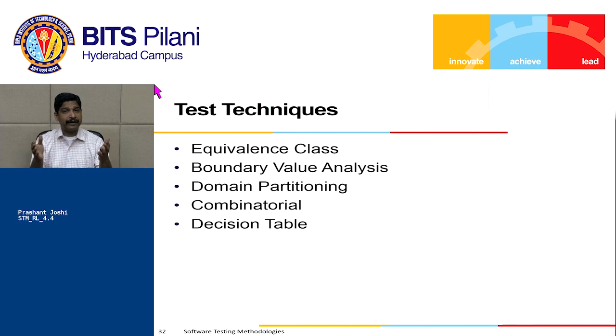Or look at it this way, take up a problem, solve it using one technique, then another technique, and compare and contrast based on attributes. Either way is fine with us. However, looking at decision table and combinatorial would be our priority right now. And we'll look at all other techniques from that lens.